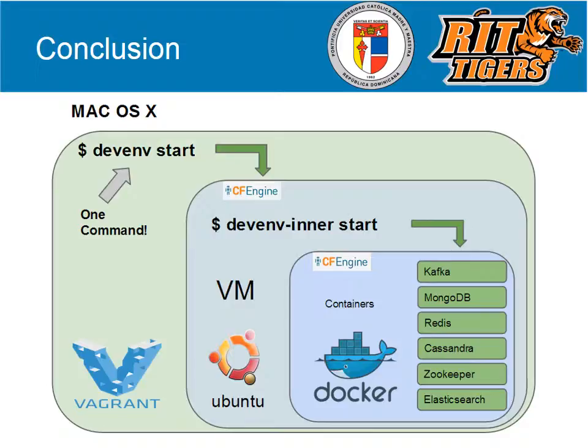Our conclusion was that, based on the ability of the tools previously mentioned, we can actually do this type of scenario in which we have a portable infrastructure. I know it's a hard concept to get around, but for example, we use a macOS system and use Vagrant to launch a virtual machine already pre-configured with the CFEngine client.